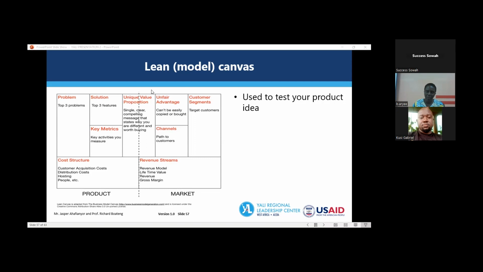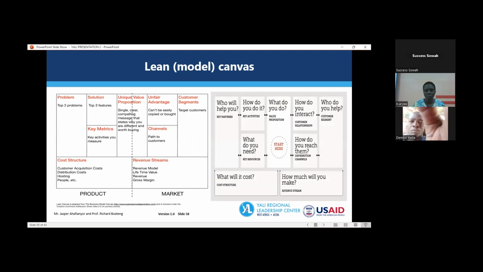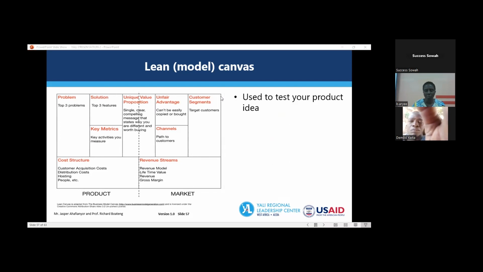Success, your hand is up. Yes, please. I was just thinking about what could be an unfair advantage for Grace. Because she identifies with the problem and really wants to solve it, there is a push, because whatever she is using doesn't work for her.